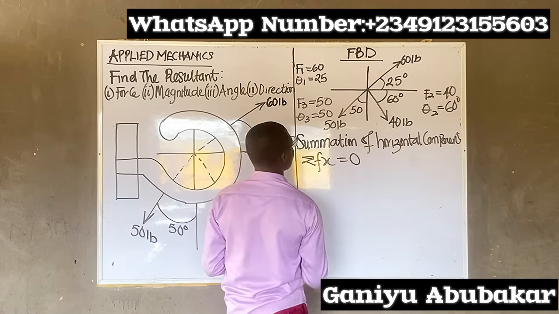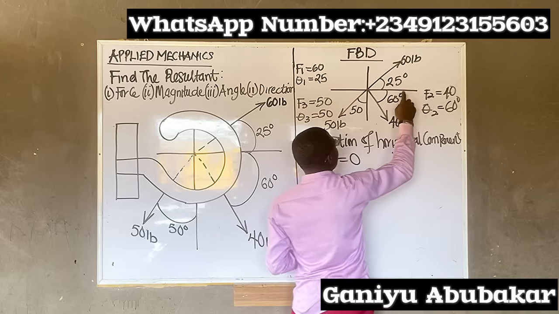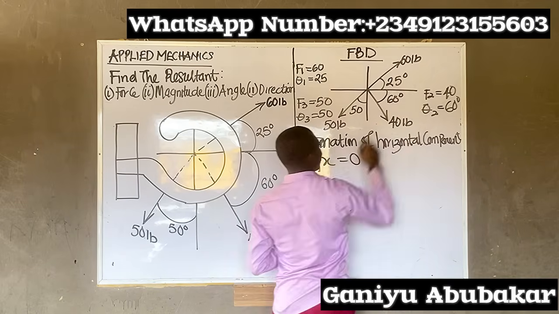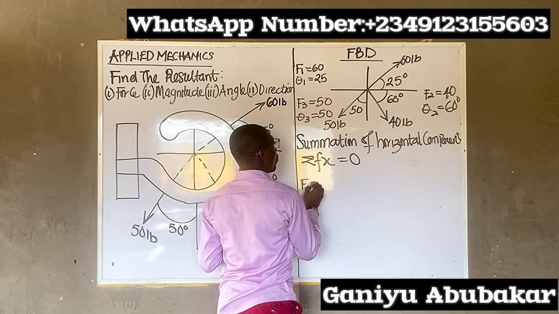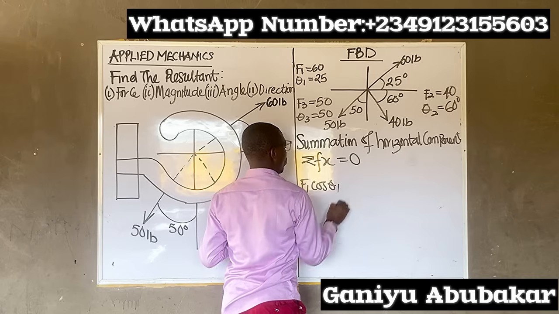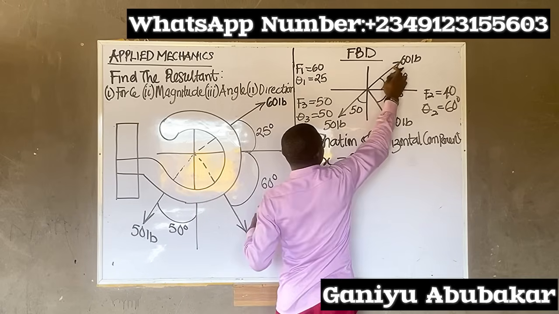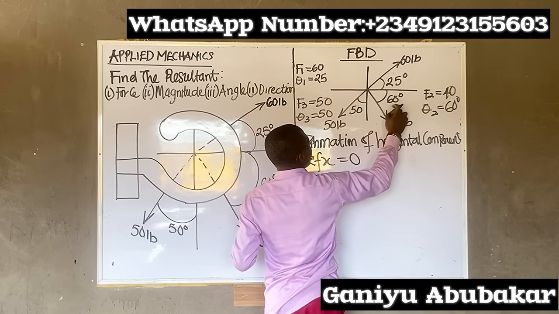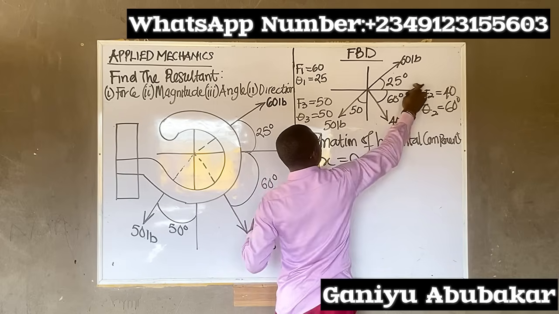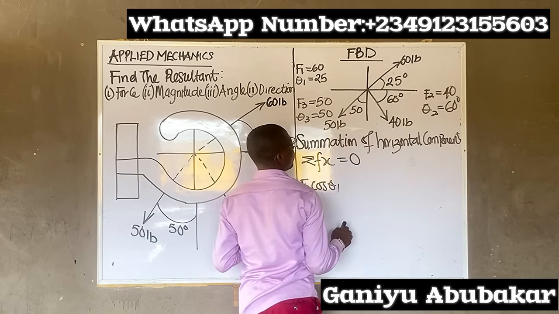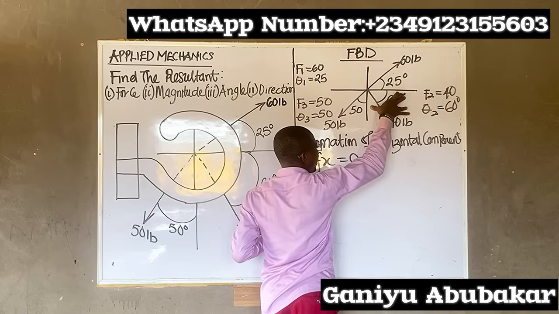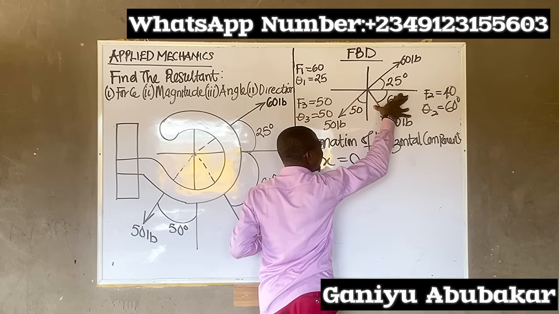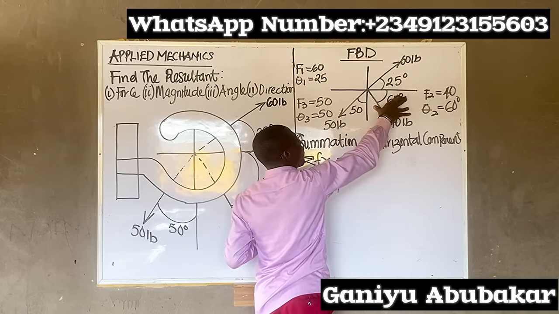Right? From here, resolve this one to the horizontal. If I resolve F1 to the horizontal, that gives you F1 cos theta 1 for this one here. If I come down here, if I resolve this one to the horizontal, at this quadrant, this is the fourth quadrant, x is positive, y is negative.